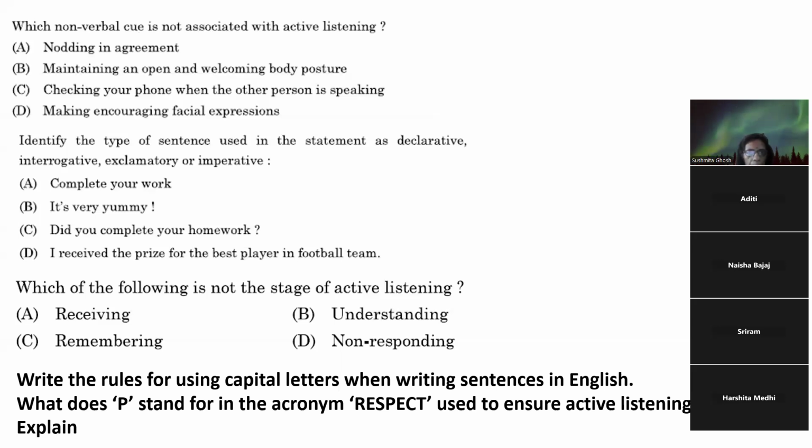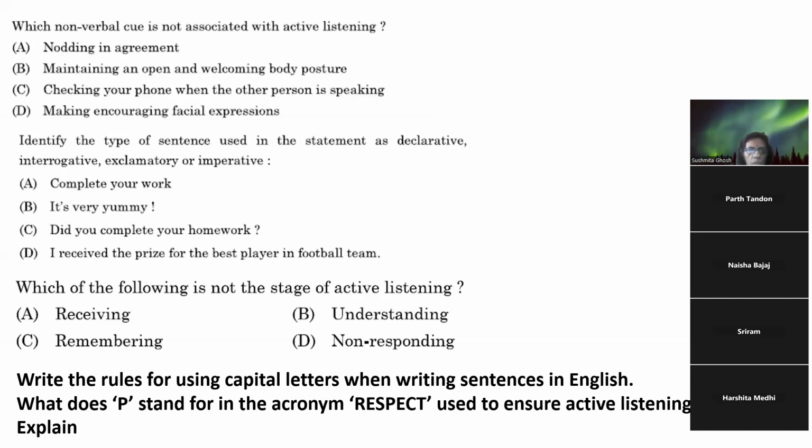Maintaining an open and welcoming body posture, that's also a part of it. Not responding. Where is the not responding option? Oh, sorry, I was looking at the last question. Acha, this is the first one. Nodding in agreement is a non-verbal cue. Maintaining an open and welcoming body posture is also a gesture, which is a non-verbal cue.